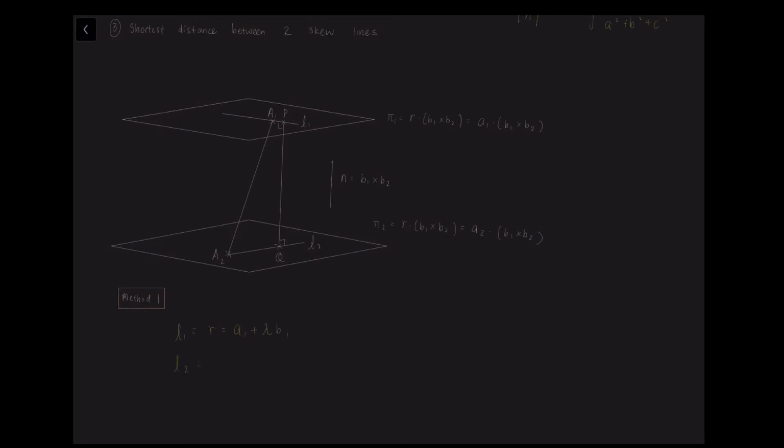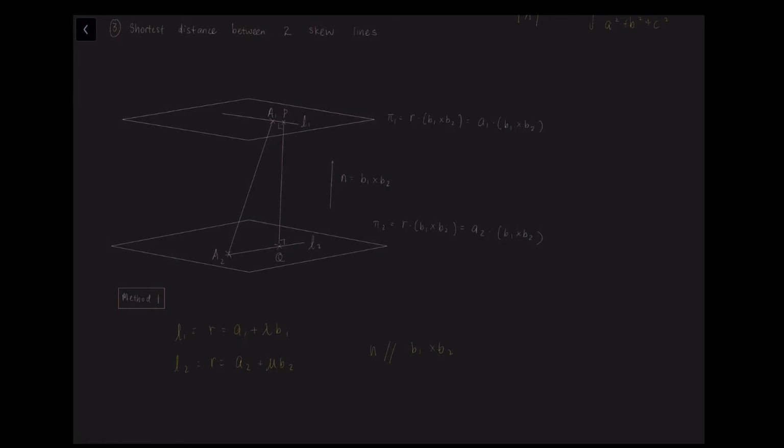Observe that there are an infinite number of planes which contain the line L1 and an infinite number of planes which contain the line L2, because the planes can rotate 360 degrees along the line. Since the lines L1 and L2 are skew, which means they are not parallel, there is just one plane, pi1, containing the line L1, and one plane, pi2, containing the line L2, which turn out to be parallel to each other.